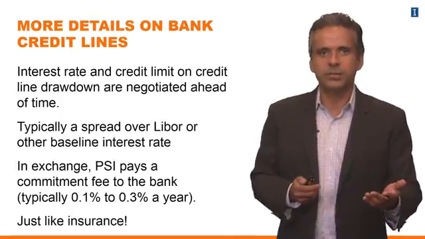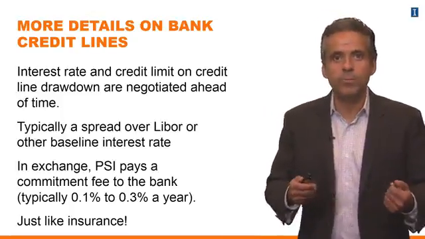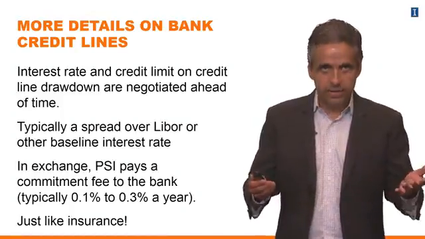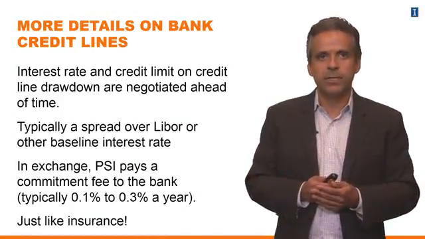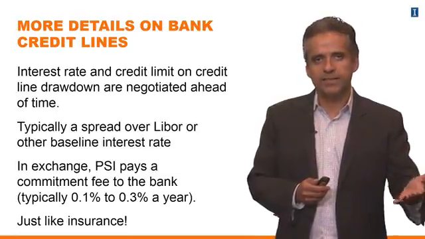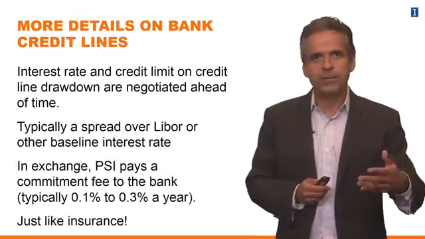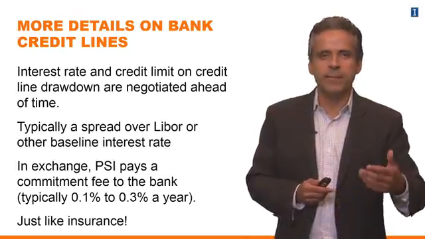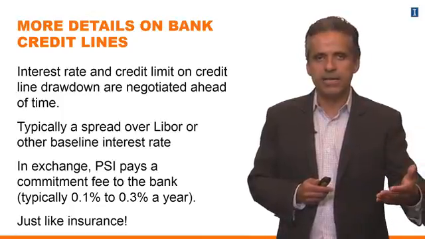In exchange, what PSI does is to pay a commitment fee to the bank, okay? So if you have a $100 million credit line, for example, PSI would pay an annual fee, which for a company like PSI is going to be fairly low, typically 0.1 to 0.3% a year. They would pay a commitment fee to the bank to keep that credit line open.